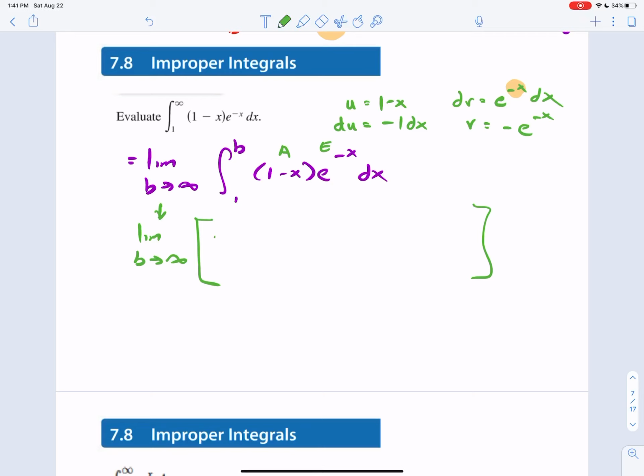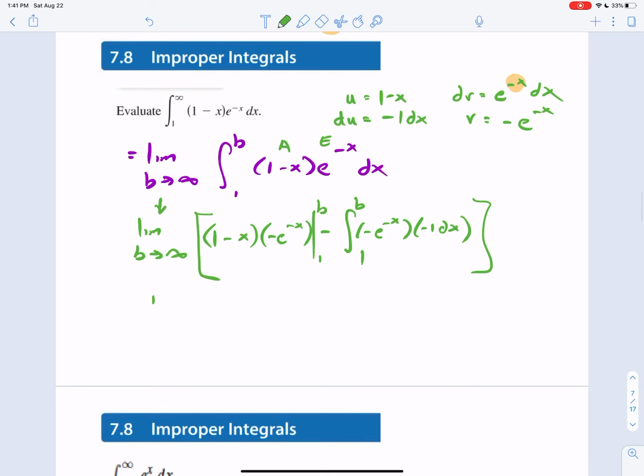Okay, so we have u times v minus the integral of v du. Now, there's an extra negative there. I'll just write everything out. From 1 to b, from 1 to b. Okay, so I'll write it out so that there's no confusion.